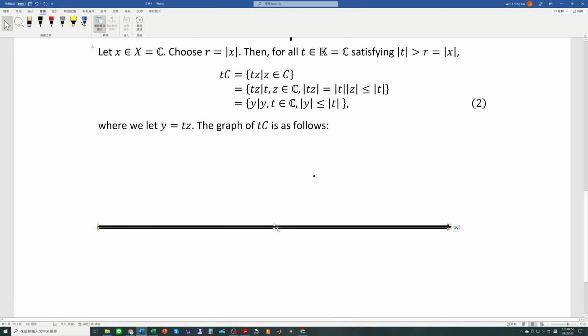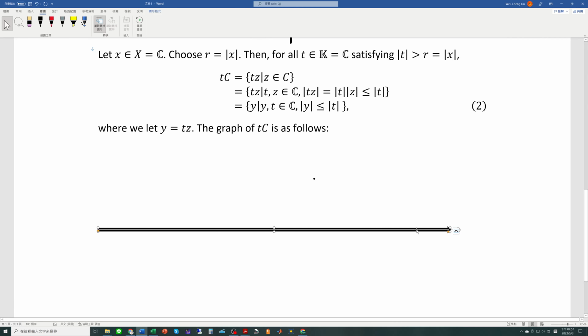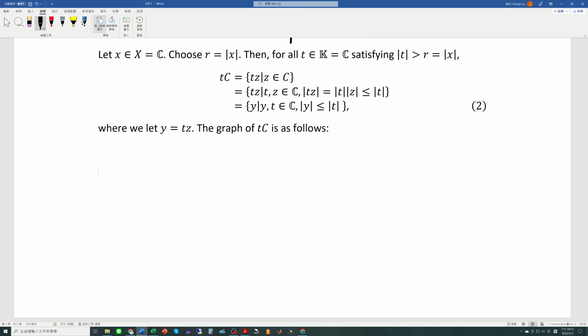But I only need one line, not two lines. So let me see. So this is not what I want. Sorry, I am not familiar with the graph function in Microsoft Word.